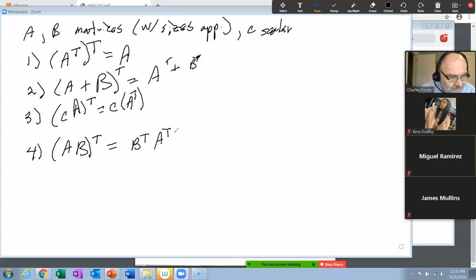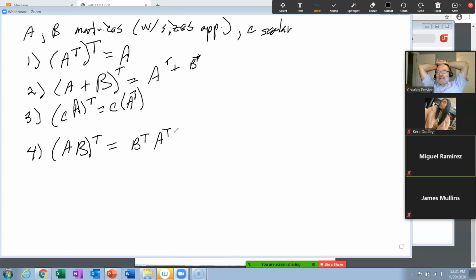All right. Now, property 2 and 4 can be generalized to cover products and sums of any finite number of matrices. So number 2, if you had A plus B plus C plus D plus E plus F plus G, and you transpose that sum, that would be A transpose plus B transpose plus C transpose plus D transpose. Yeah, that figures.